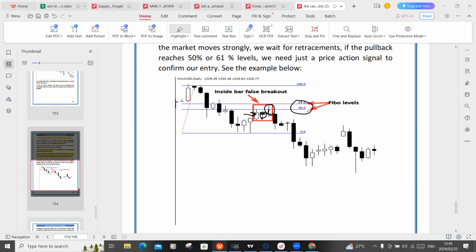So now when you know your candles, it's easier to execute on a particular setup which you would have found on your chart. So inside bar false breakouts, they break out to the top, but we know that we're bearish, so we're not falling for this, right? We mark the high of the mother bar, we mark the low of the mother bar.